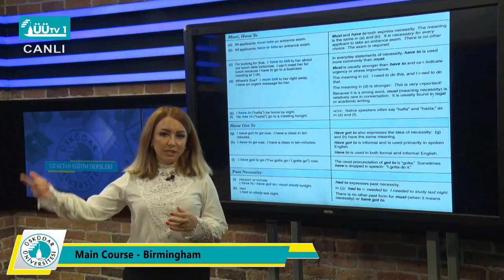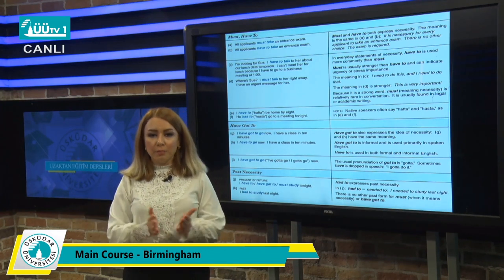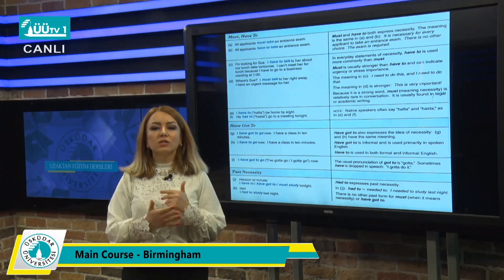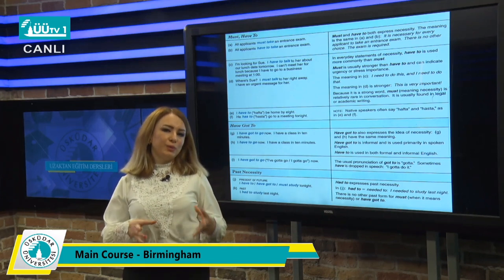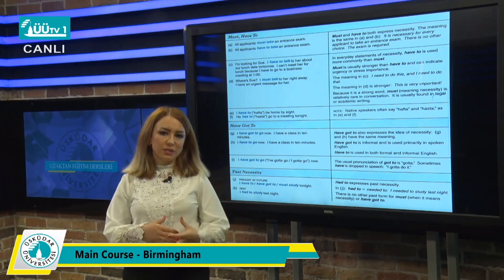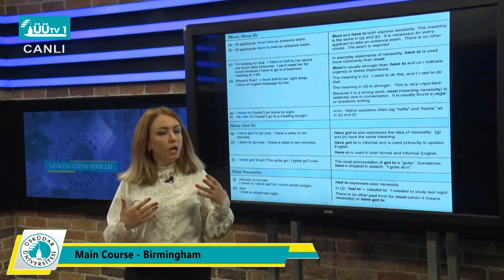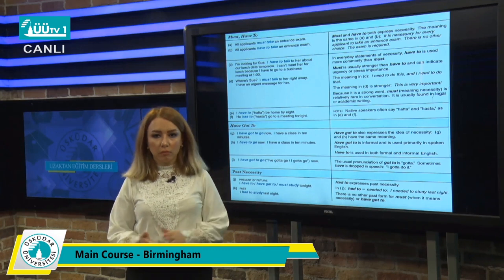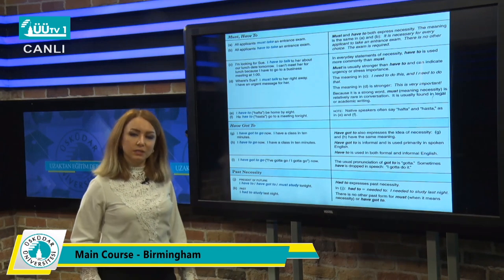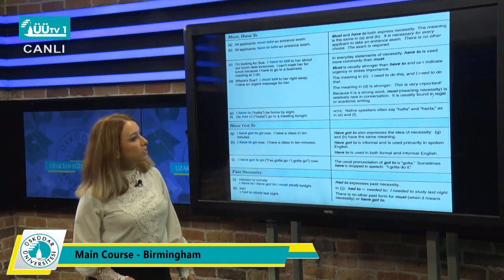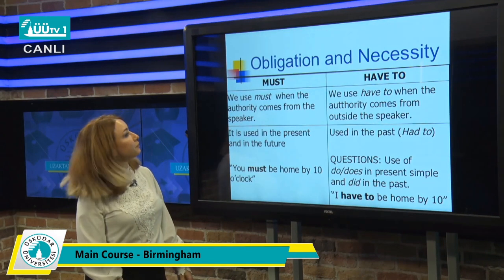And have to is mostly external, but in spoken language we normally use them interchangeably, without putting much difference between them. But I mentioned the different forms of them. So let's go through the next slide.